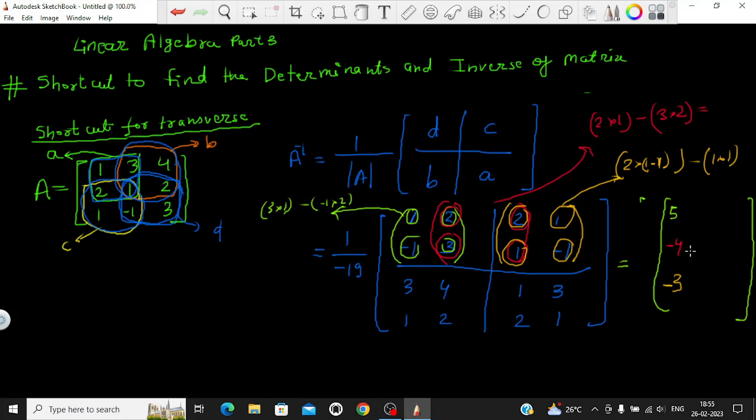Now in similar fashion you take these 4 values and calculate the determinant of it: minus 1, minus 1, 3, 3, 4. Calculate the determinant of these four values and write here in this second column.